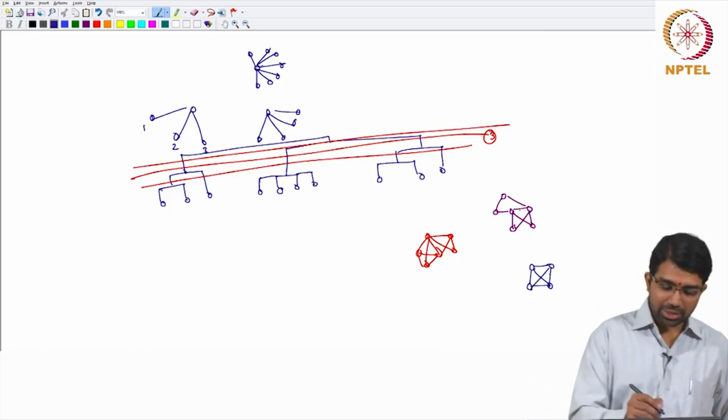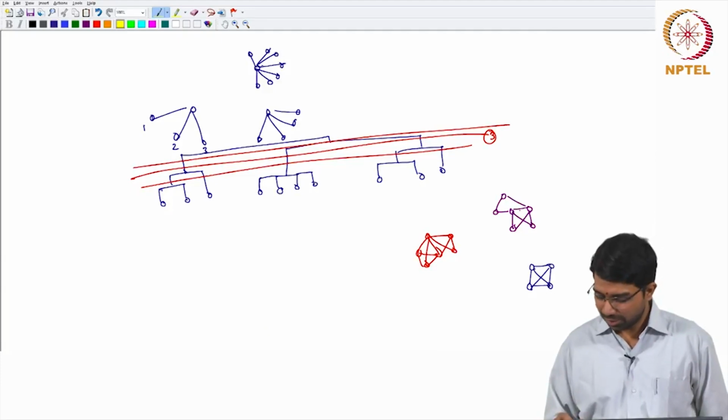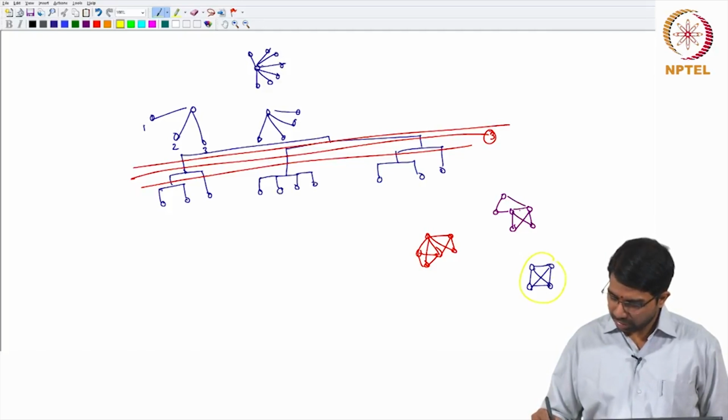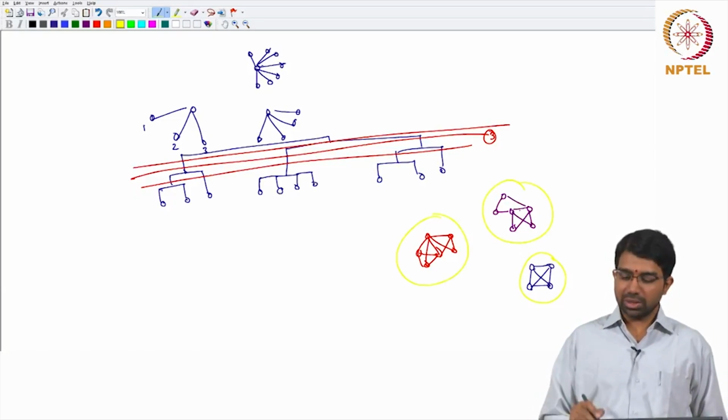Now add edges to these communities, such that you add more intra community edges, or you already have enough intra community edges, you just throw in a few inter community edges.